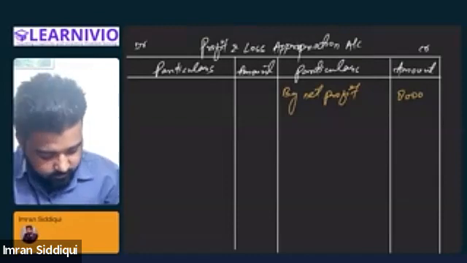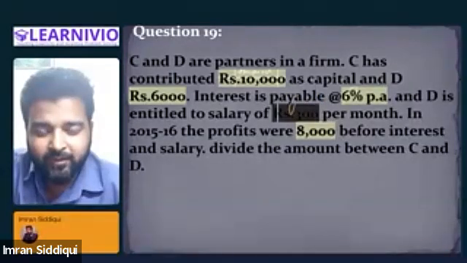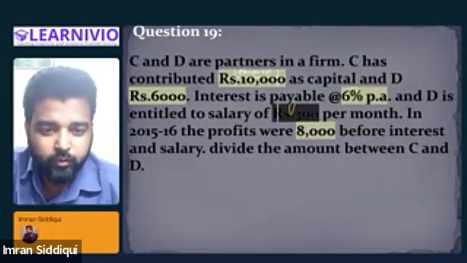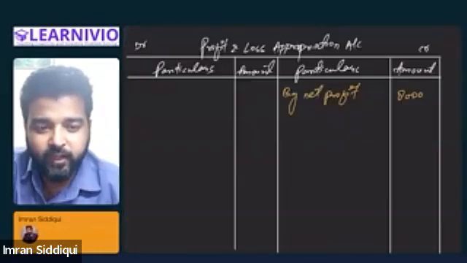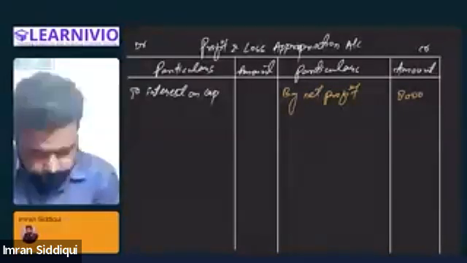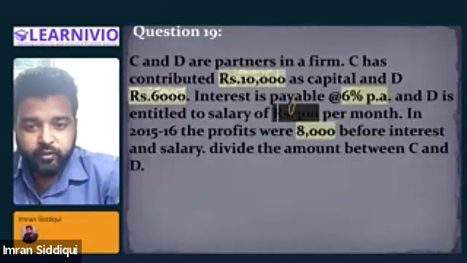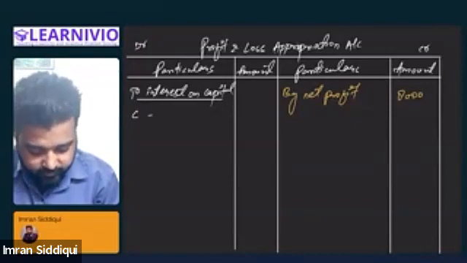Okay. Apart from this, we have some information about the capital and interest on capital. Capital is not that important for us, but the interest on capital that we'll have to pay to the partners is relevant for preparing the P&L appropriation account. So interest needs to be calculated at the rate of 6% per annum. So we'll go to the debit side: interest on capital, and partners will be getting interest on capital, C and D. So C will be getting how much?